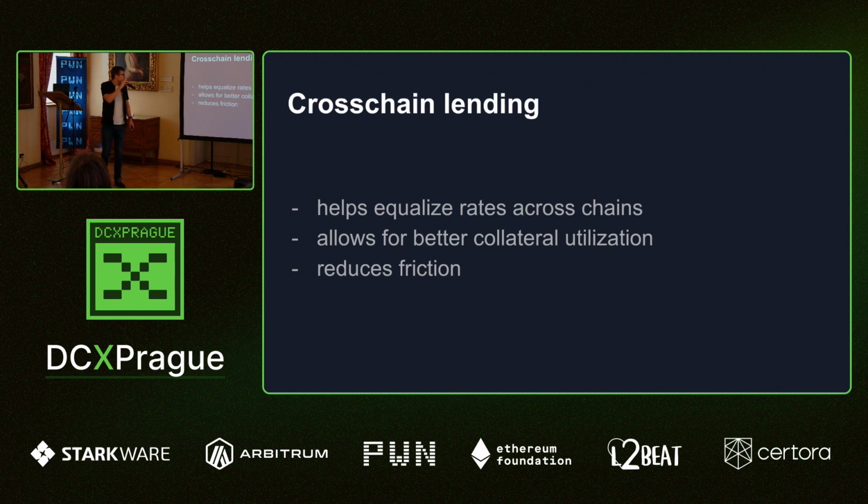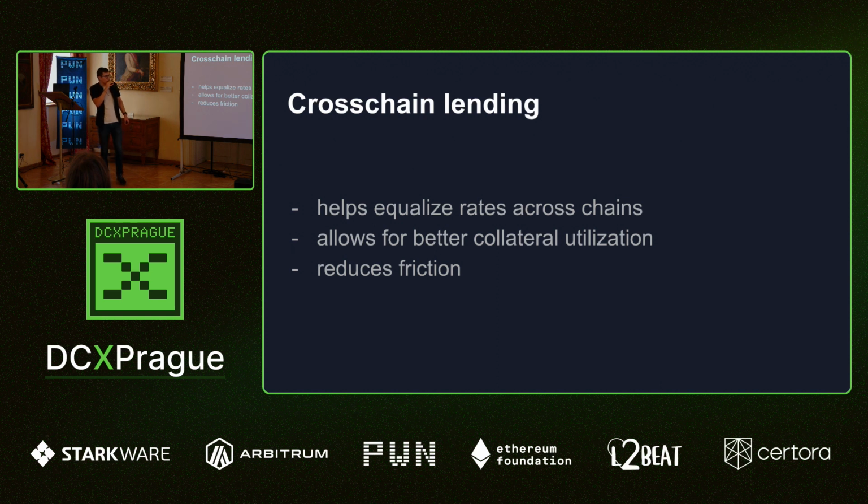The other thing is, different chains usually offer different protocols, and even if you've got one protocol across a couple of chains, the parameters for collateral also vary.